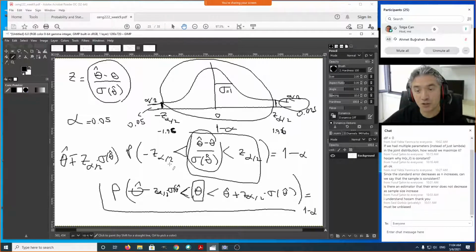In other words, 0.025 should be on the left-hand side, 0.025 should be on the right-hand side. This is a symmetric distribution, so we find the z-values to accomplish that. This is our standard variable, and we see here that the probability that theta is in this interval is equal to the same 0.95 we have figured out. Okay, this does not mean that theta is normal. This means that our estimator is asymptotically normal.